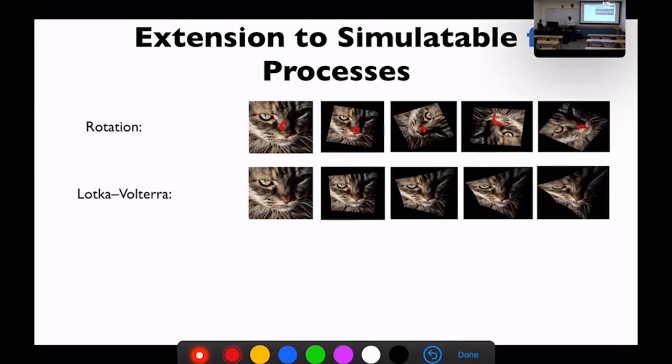So this is rigid rotation. But the second row took a lot of effort.